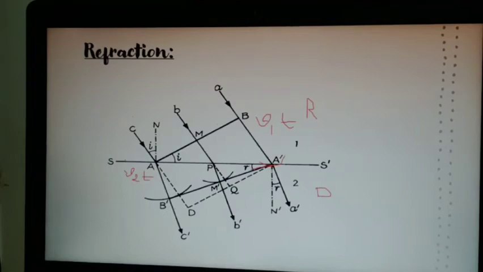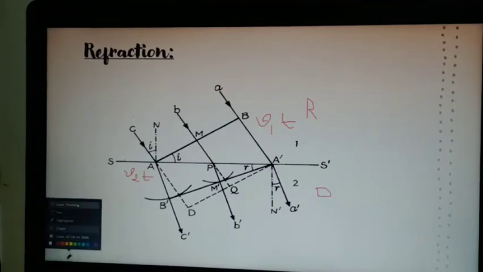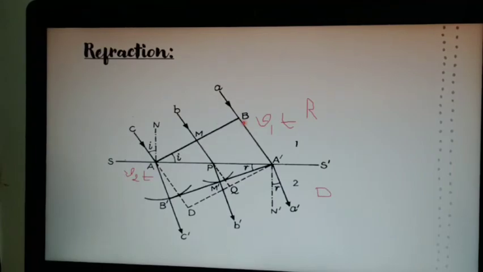That is A dash B dash is the refracted wavefront and AB is the incident wavefront.